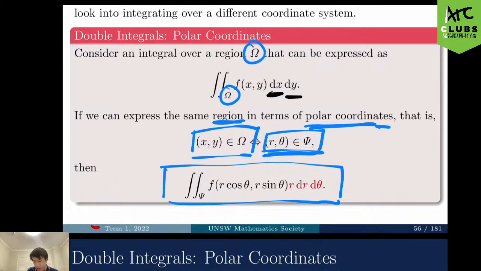And then at the end, we'll have r dr d theta. Be mindful that the one inside has to correspond to these limits here. So r has to go between 0 and r, and theta has to go between 0 and pi on 2. We wouldn't be able to switch these around, because then we somehow have r lying between 0 and pi on 2, and theta lying between 0 and r.